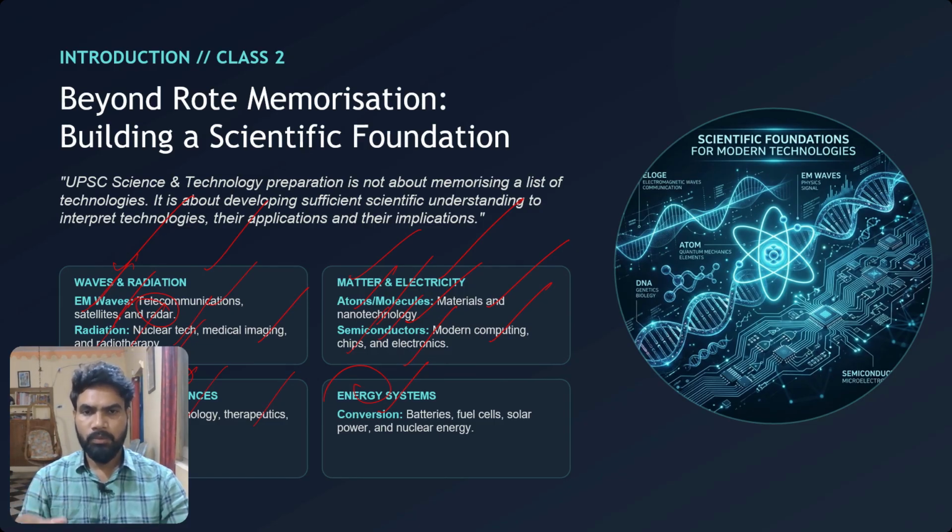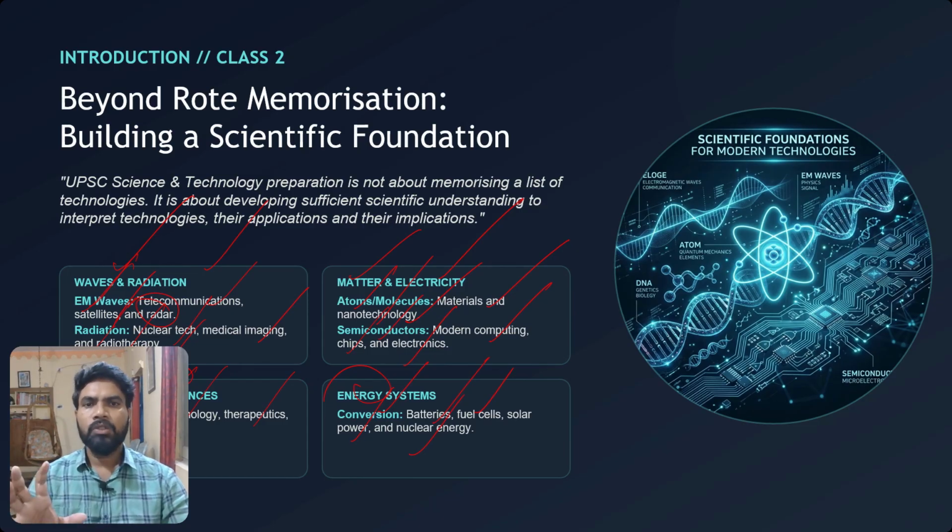You have to know the principle of conversion in order to understand things like batteries. Nowadays, lithium ion batteries have become much more popular, and we are searching beyond lithium ion batteries to store energy. To understand batteries, fuel cells, solar power, and nuclear energy, you have to know something called conversion.